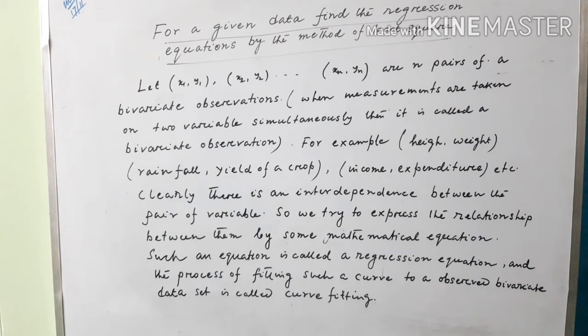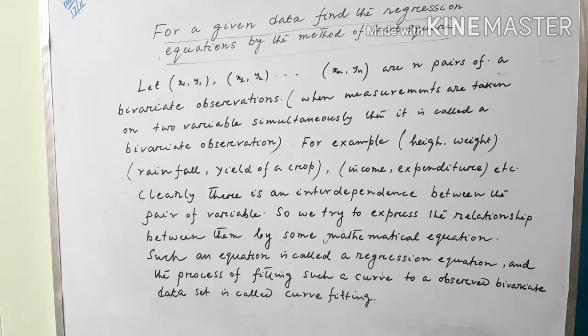So correlation is the measure of strength of relationship. Now as it is very clear that there is a relationship between the pair of variables, so we try to express the relationship between them by some mathematical equation.